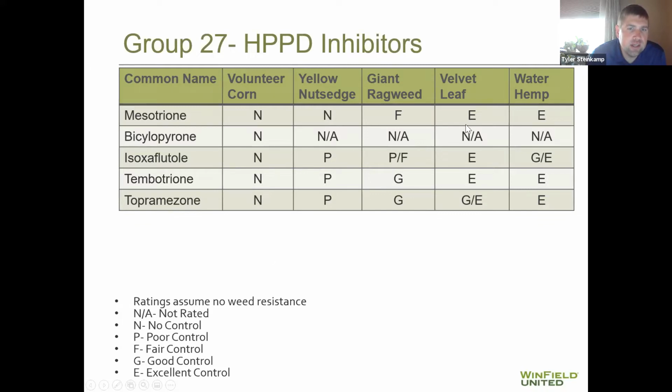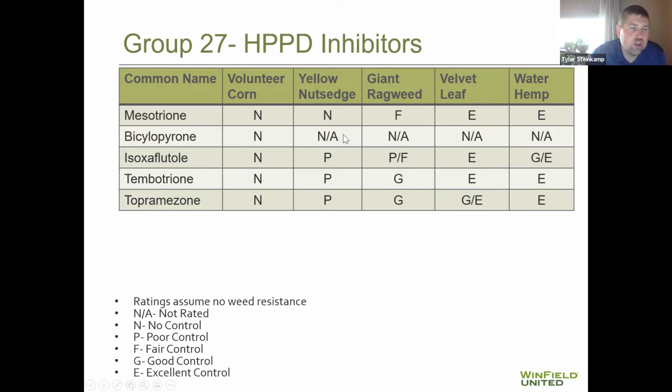You can see some of the weed ratings there for these various chemistries. Very good on our waterhemp. Now, you might ask about bicyclopyrone. Guys, I don't have ratings for this. I'm sure it's actually really good on waterhemp. I know it's really good on giant ragweed and velvetleaf.